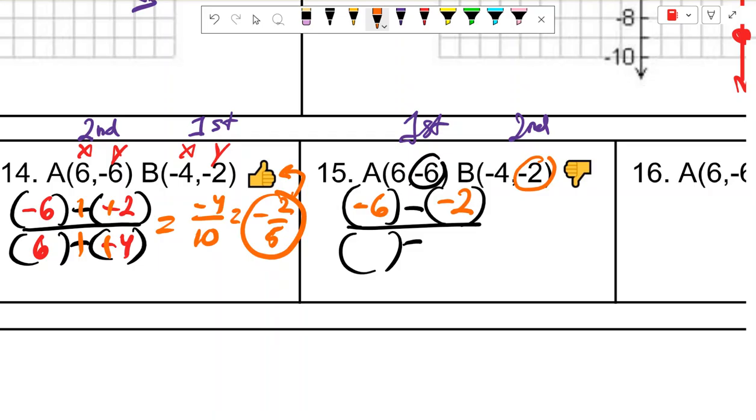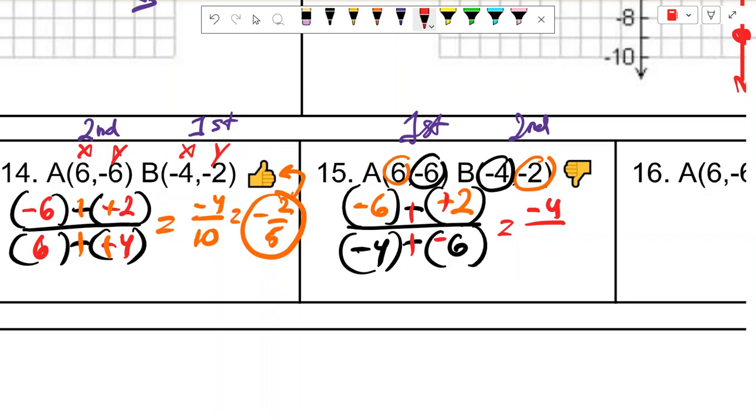Then let's put our first x in the correct spot and our second x in the correct spot. So the bottom ones are right, but the top ones aren't. And what happens? Well, we're going to use additive inverse and additive inverse, and we'll just do the math here. -6 plus 2 is -4.